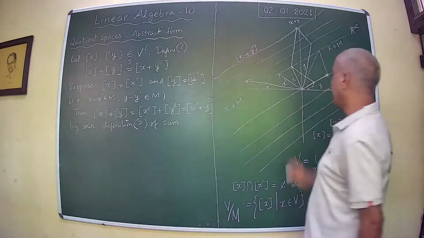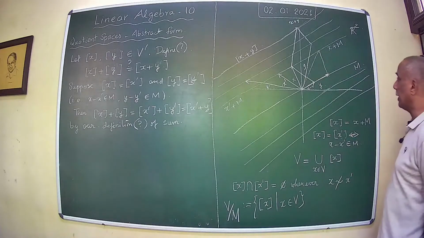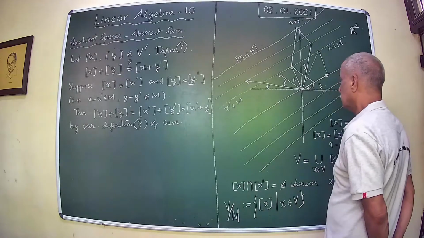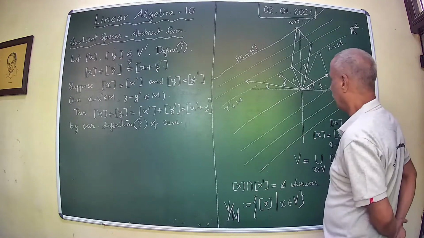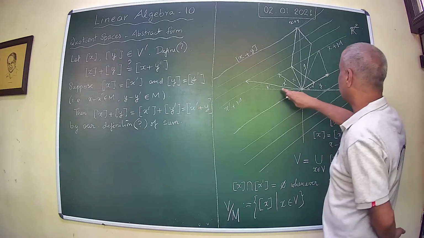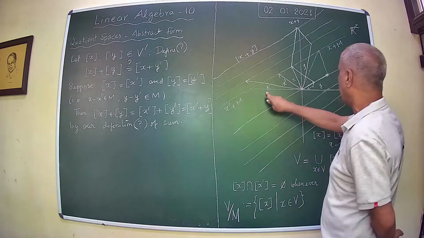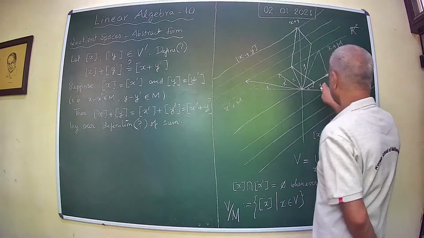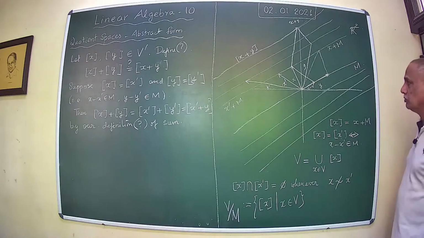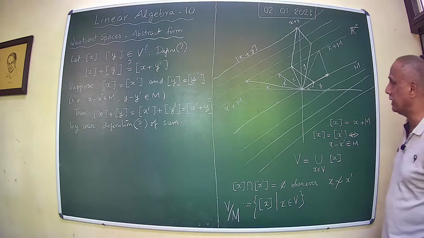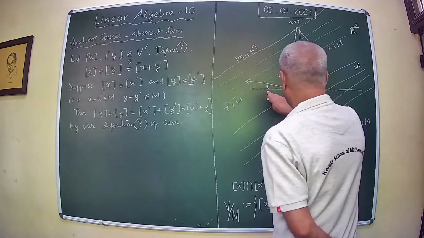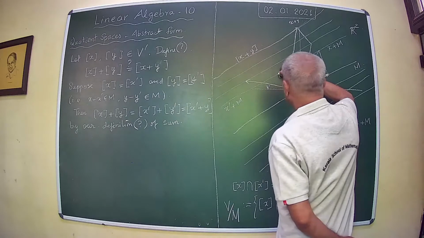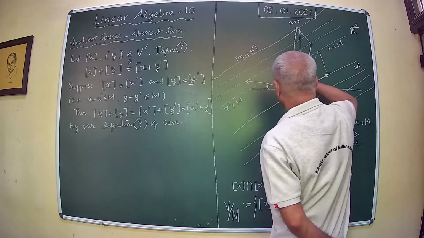So I have x prime minus y prime is a vector in M. Oh, sorry. What did I say? Yeah. So what I need to say is that y minus y prime is a vector in M. So also x minus x prime is a vector in M. This is what you have. Now the question I am asking is, suppose I add x prime to y prime, what do I get? Do I end up on this line? That's the question that you ask.